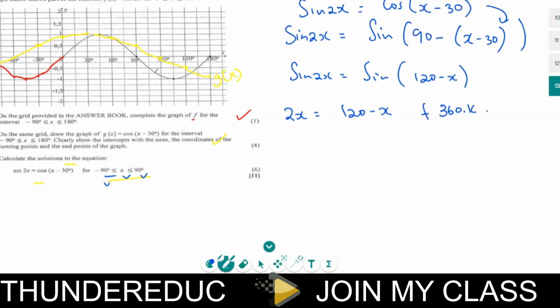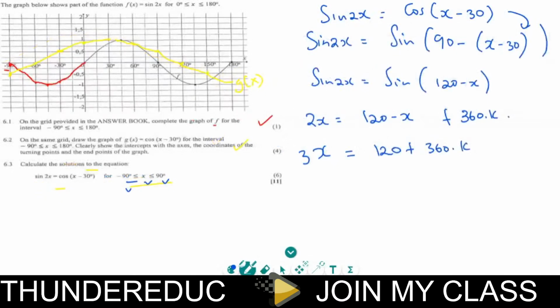I can move the x this side, which will now be 3x is equal to 120 plus 360 times k. So divide both sides by 3, x becomes 40 plus 120 times k. K is a set of integers.